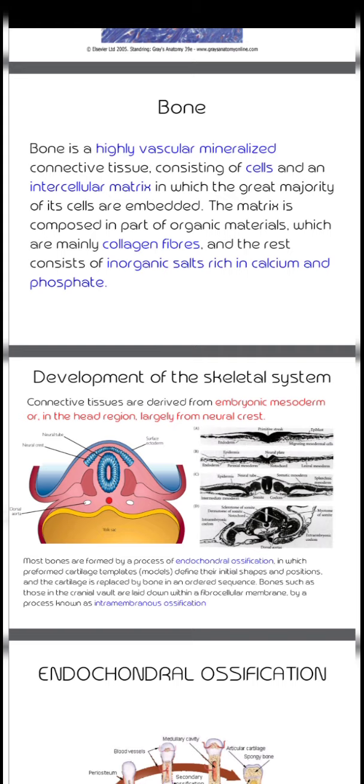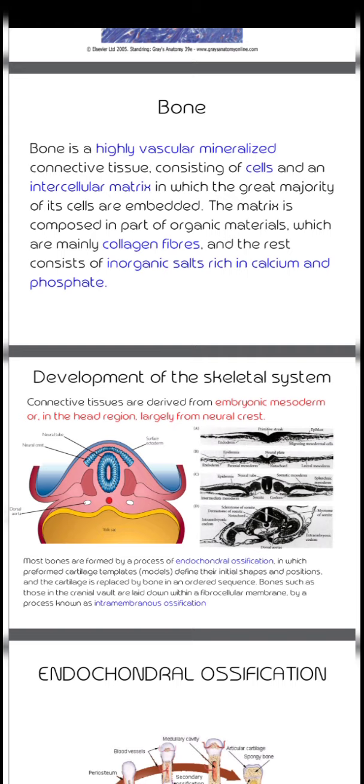So bone is also a connective tissue and it is also composed of these two major structures, cells and intercellular matrix. It is a highly vascular mineralized connective tissue. It means it has ample blood supply, enough blood supply, and it is mineralized. Calcium phosphate is deposited in bones.